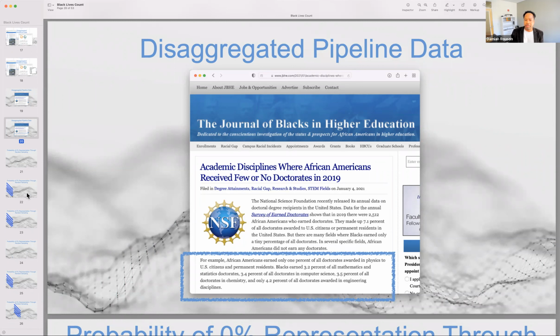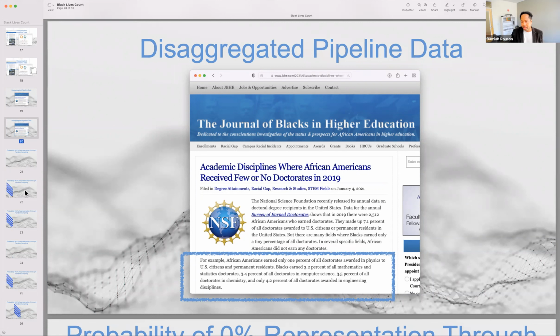So specifically, I'm going to focus on those with doctoral degrees. Not everybody who's in a research position at the lab has a doctoral degree, but I'm just using this as a population, partly because I found some good data. If you look across various fields, 3.2% of doctorates awarded in 2019 were African-American in mathematics, 3.4% in computer science.